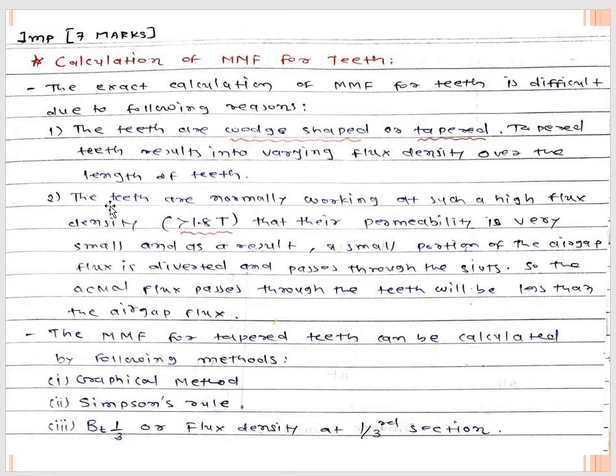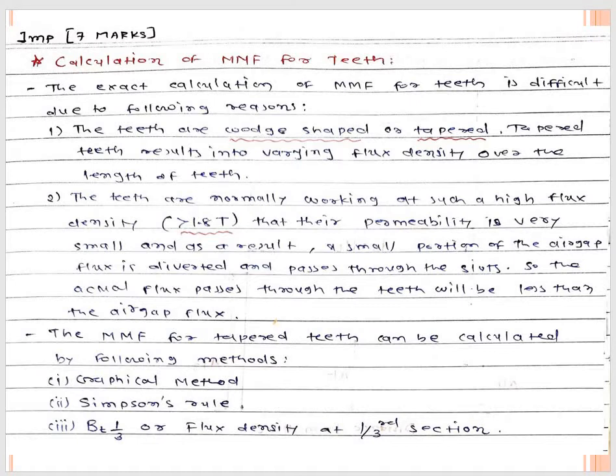Now, the second reason is that the teeth normally work at such a high flux density, greater than 1.8 Tesla, that is 1.8 Weber per meter square, that their permeability is very small. As a result, a small portion of the air gap flux is diverted and passes through the slots.